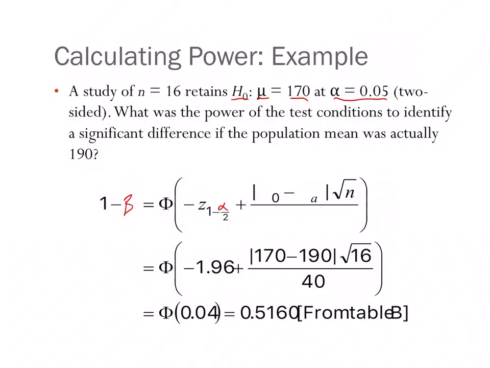I'm not sure why PowerPoint doesn't like these values going through to our mu null and mu alternative over the standard deviation.